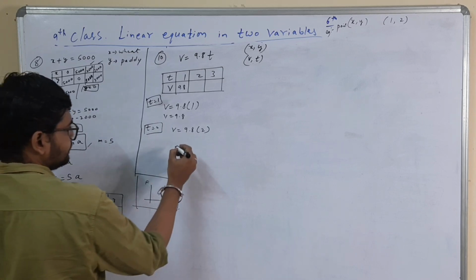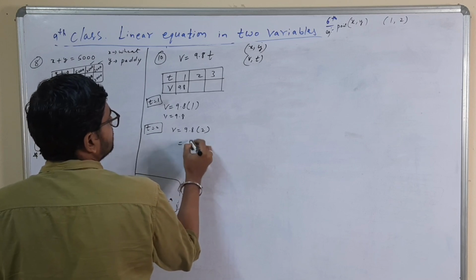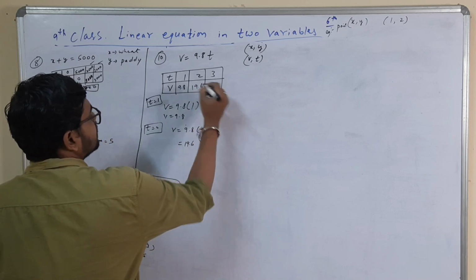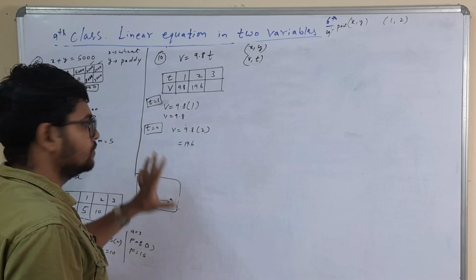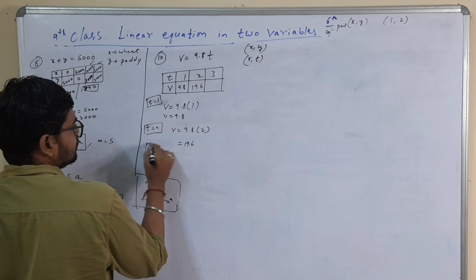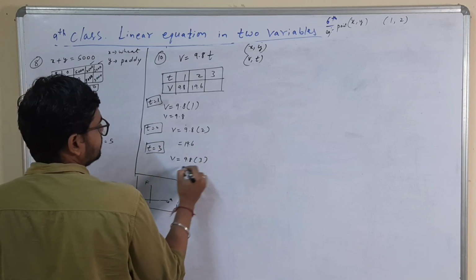What do you get here? 19.6. We get 19.6. In the graph, we'll do it. Now t is equal to 3. V is equal to 9.8 into 3.